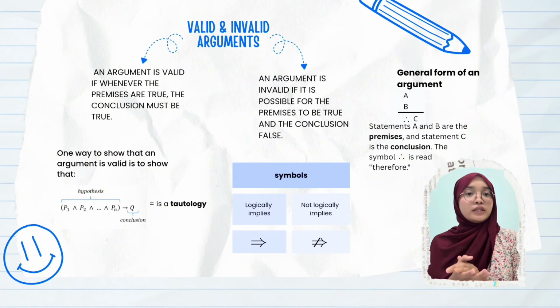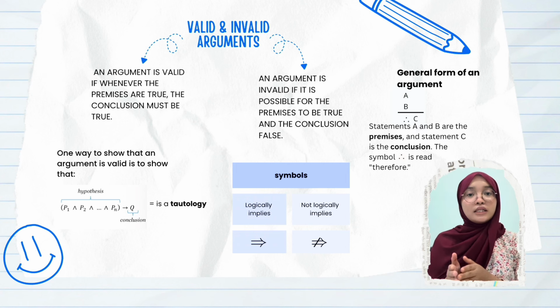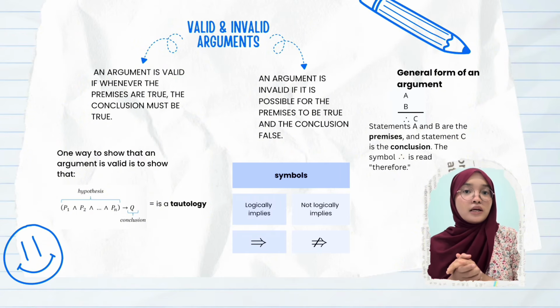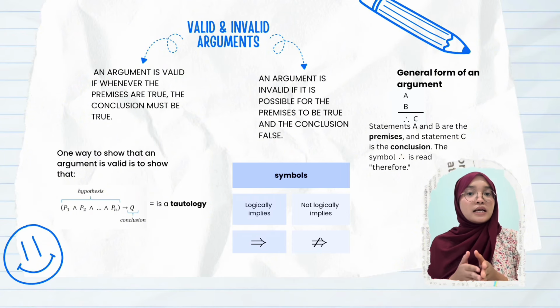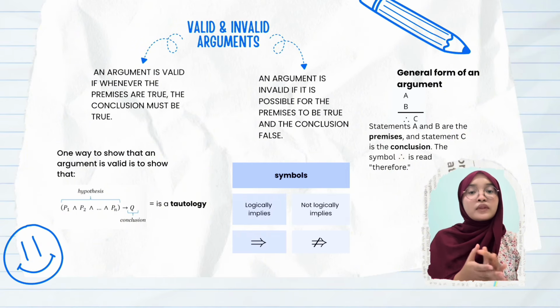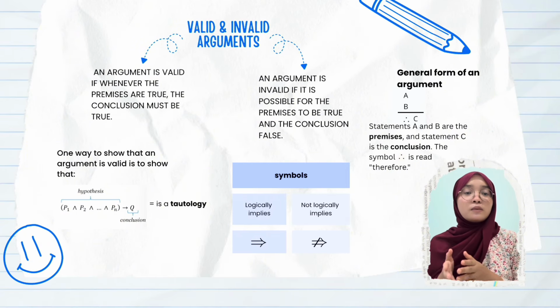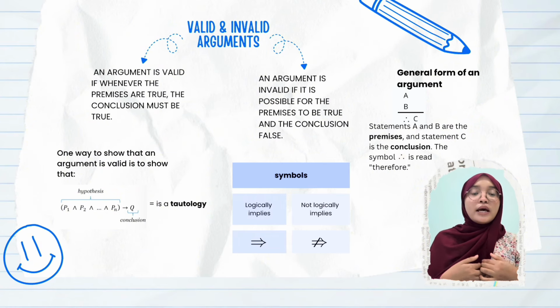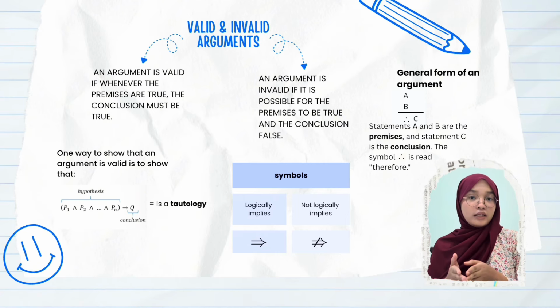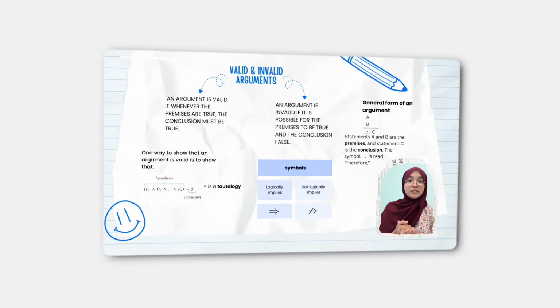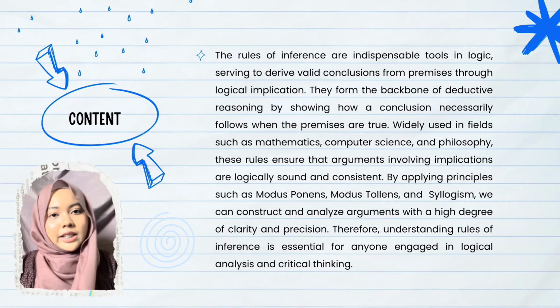The symbol with the double arrow means logically implies. The crossed arrow symbol means does not logically imply. So, these symbols help us determine whether an argument is logically valid or invalid. That's all for valid and invalid arguments. Thank you. So next, I will proceed with the content of our topic.